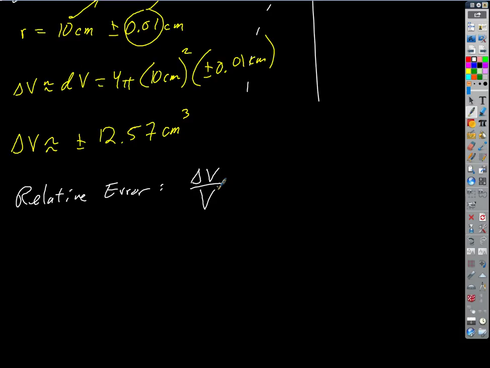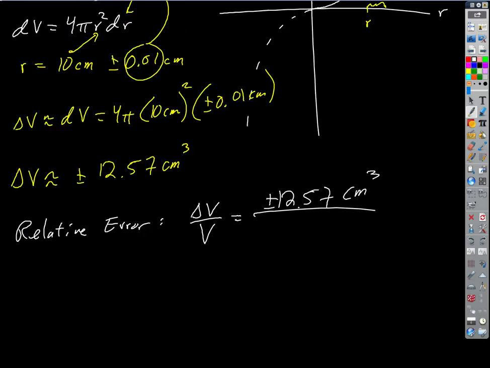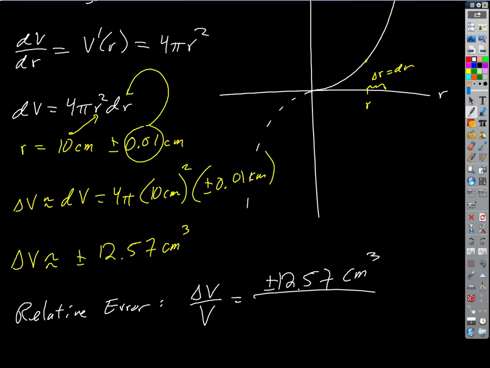Delta V over V is going to equal, in this case, plus or minus 12.57 cubic centimeters over my volume. Well, what is the volume at 10 centimeters? We could calculate that, couldn't we? V of 10 is just 4/3 times pi times 10 centimeters cubed, right?